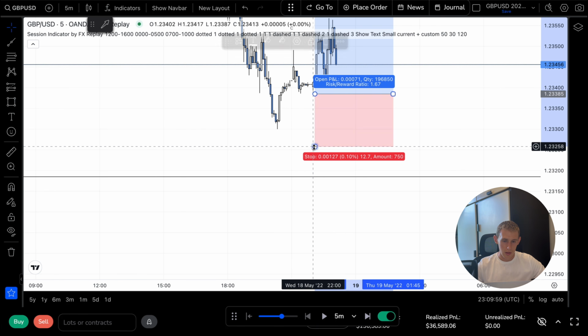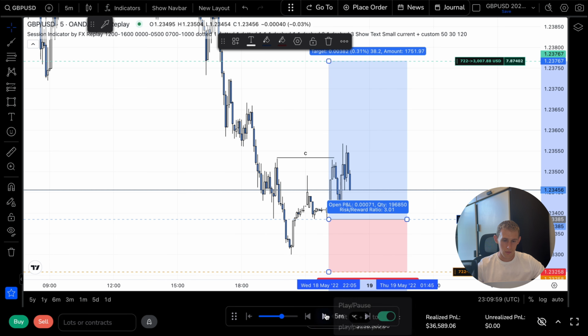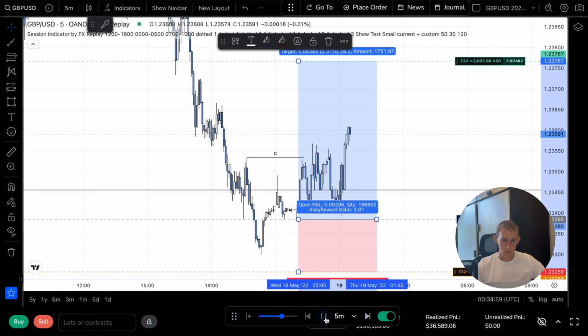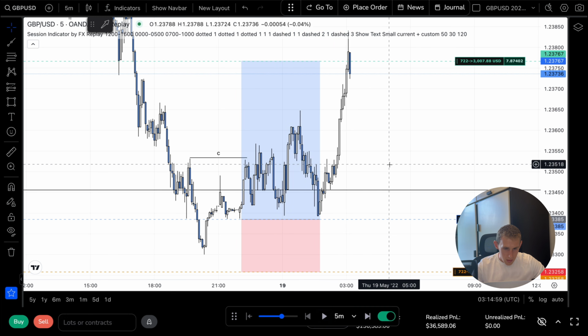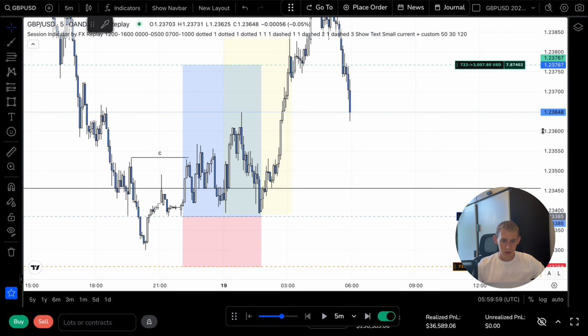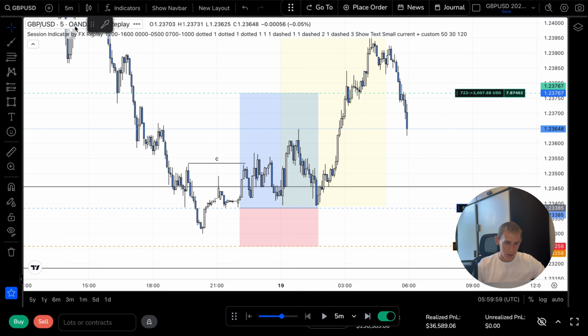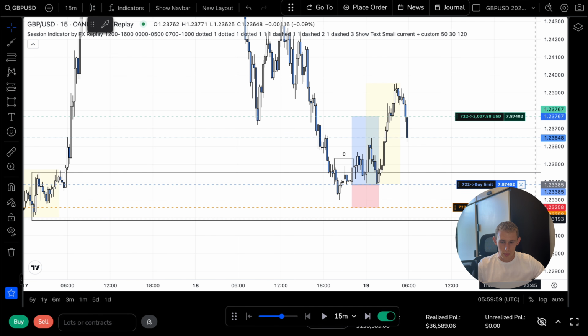Stops just below the lows. 1 to 3 TP. Damn, just missed us. Let's see if it comes back. It doesn't look like it wants to, to be honest. I'm going to cancel this one now.